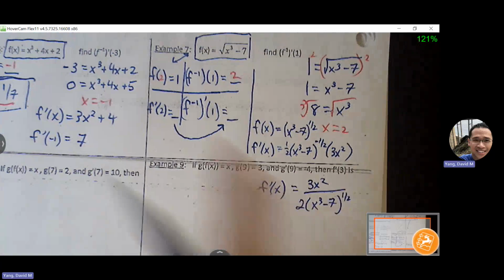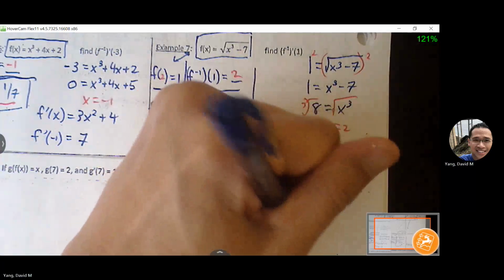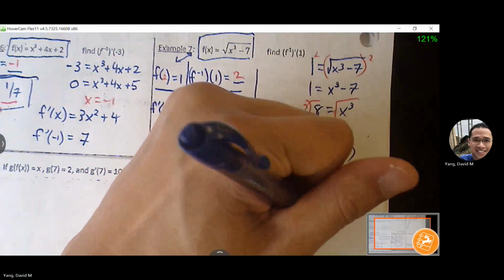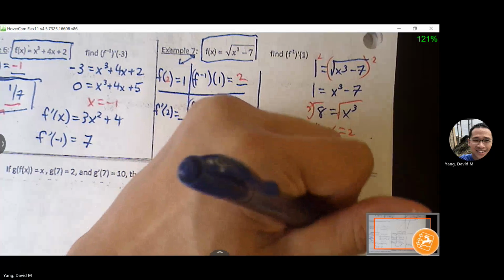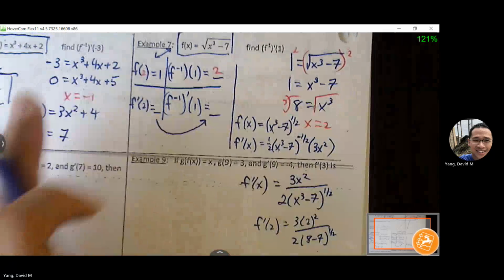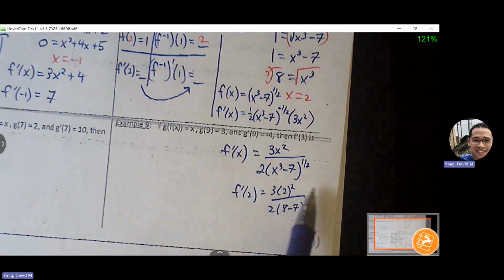Okay, let's plug in 2 to find the slope. So 3 times 4 is 12. 8 minus 7 is 1. 1 to the 1/2 is still 1. 1 times 2 is 2.